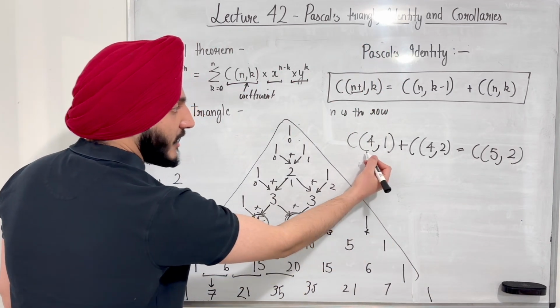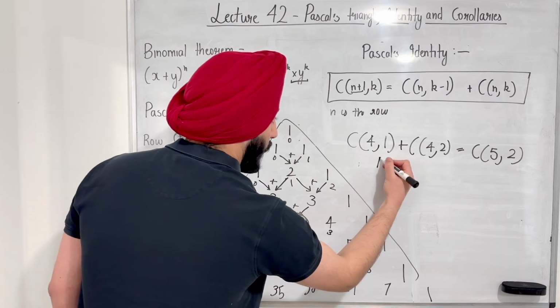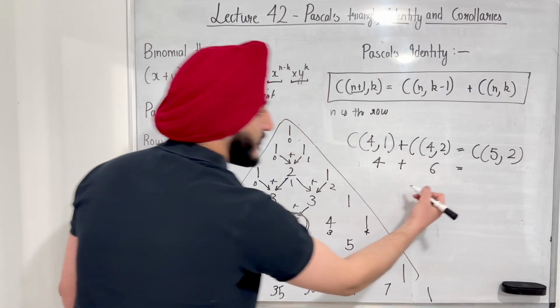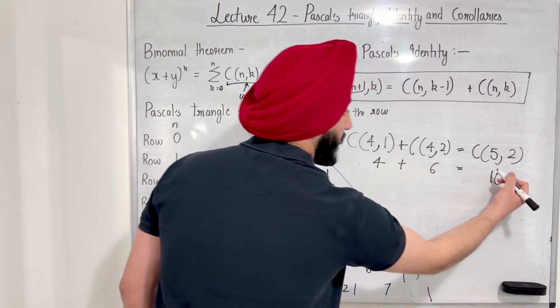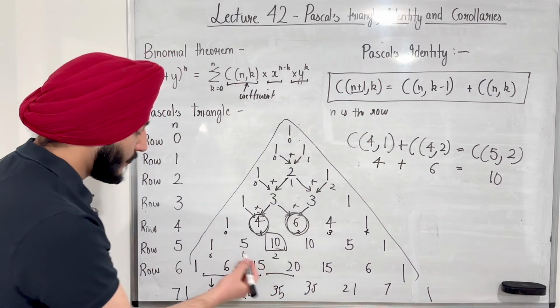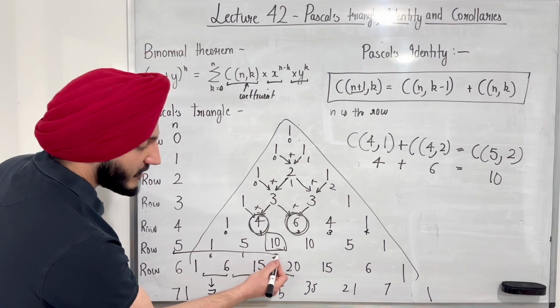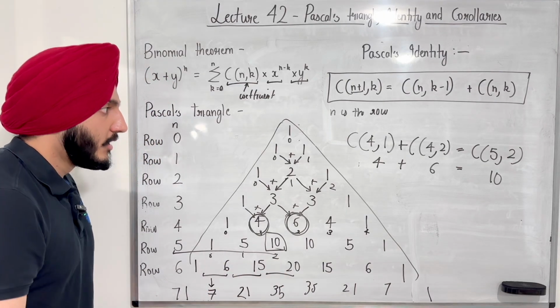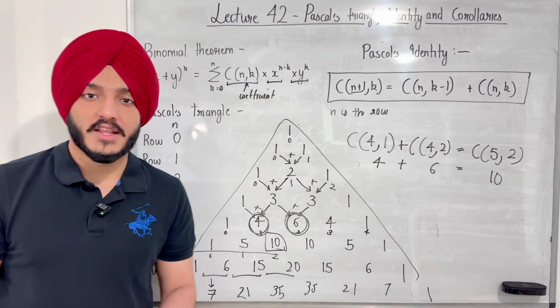Now take a look at this. C4 comma 1 is the value 4, C4 comma 2 is the value 6, and this results in the value 10, which is C5 comma 2. You can confirm this: row 5 and index 2, or k value 2. So I hope you're able to understand Pascal's identity.